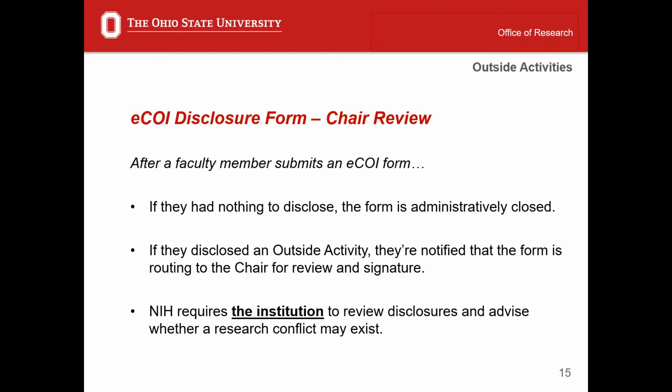And the reason why this happens is because NIH requires the institution, Ohio State, to review disclosures and advise whether research conflicts could exist. In other words, the individual making the disclosure can participate in decisions about whether a conflict exists, but the institution is the final arbiter over whether there is a conflict.